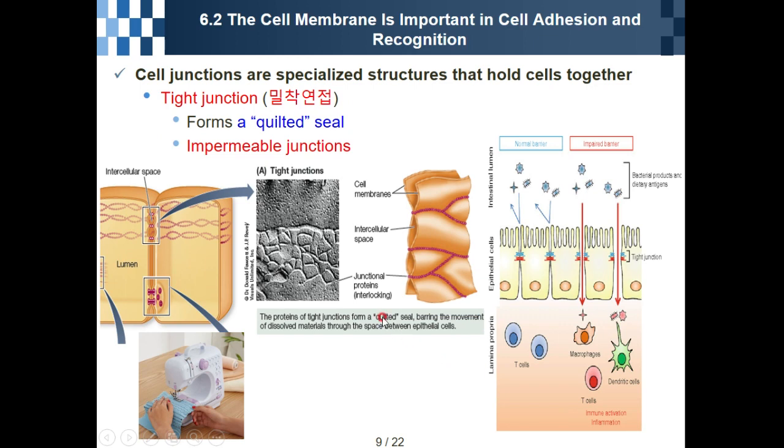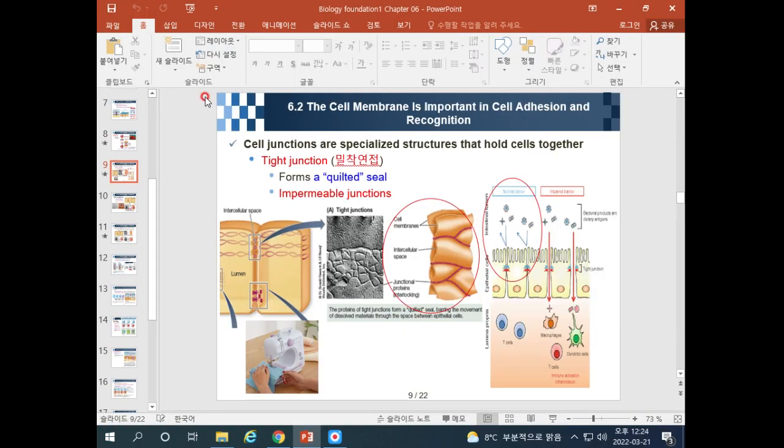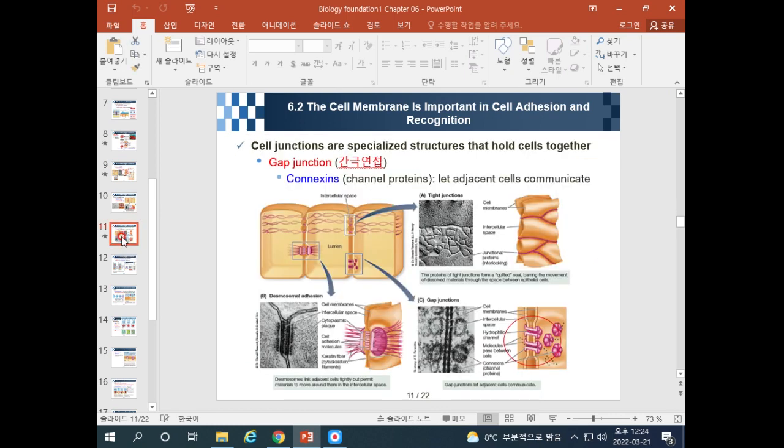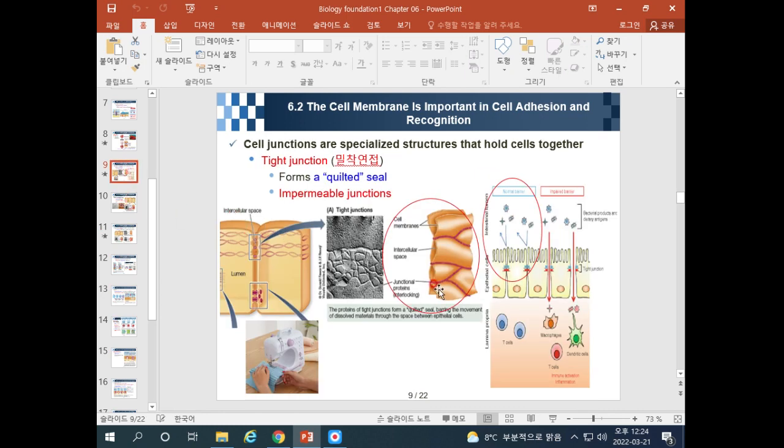Now we will cover three cell adhesion molecules. Maybe you already know these. The first one is tight junction. The second one is desmosome. And the final one is gap junction. Okay, let me start with the tight junction.